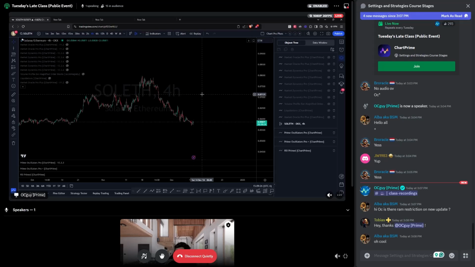But the RAM that I think you are referring to is the RAM that TradingView assigns to your account. Remember that TradingView is a huge data center, right? It has its servers, and each server needs to process all of the indicator data, right? So that's why we have a restriction while creating an indicator.